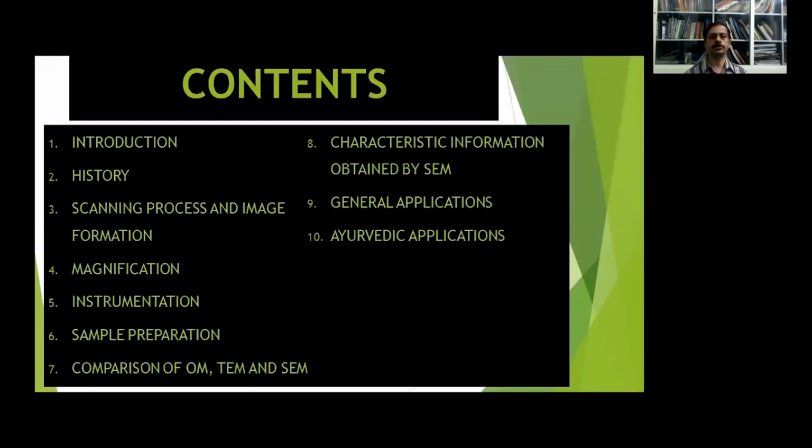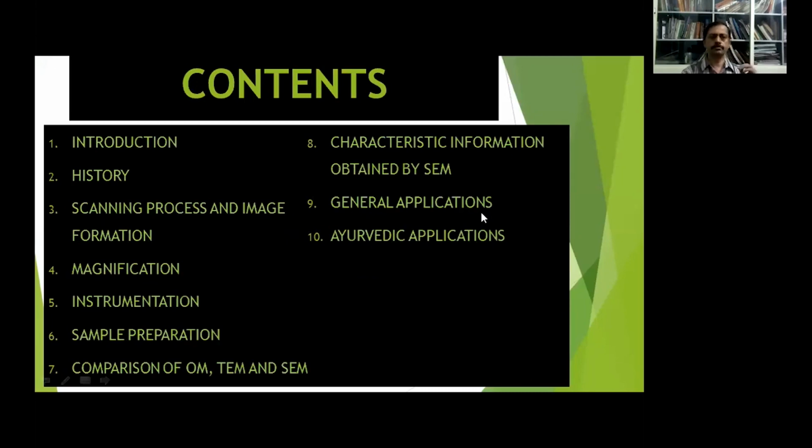Contents of my presentation include an introduction, history, scanning process and image formation, magnification, instrumentation, sample preparation, comparison of optical microscope, transmission electron microscope, and scanning electron microscope, characteristic information obtained by scanning electron microscope, general applications, and finally Ayurvedic applications.